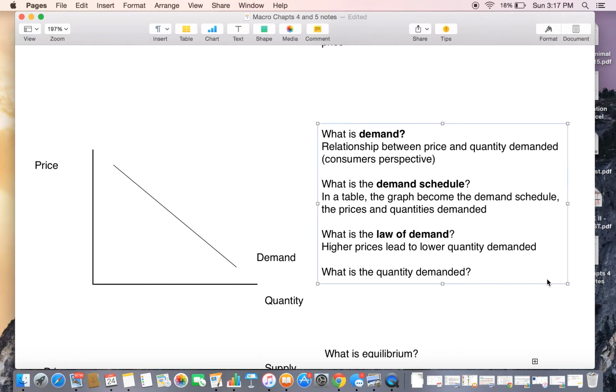Okay, so now that we've got some basics down, let's make sure we understand what is quantity demanded. When I refer to demand, I'm referring to the entire demand curve. When I say quantity demanded, I'm referring to the particular quantity demanded given a price.